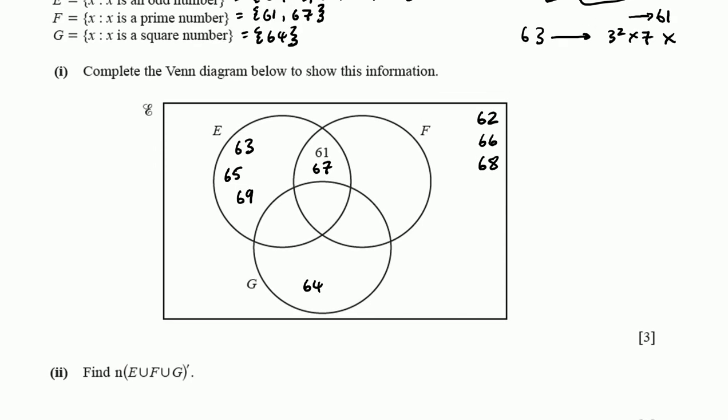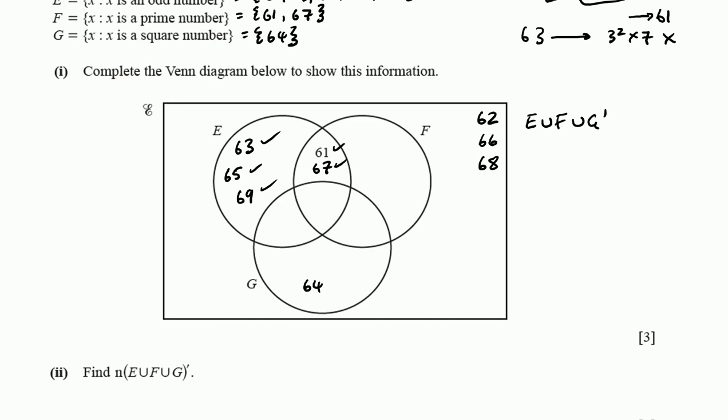I now want to find the number of elements that satisfy the condition given in here. We can be in E or F or not in G. So I get to satisfy any of those conditions. Let's take them one at a time. Elements which satisfy that they are in E, that's the 63, 65, 69, 61, and 67. They all satisfy the first condition.